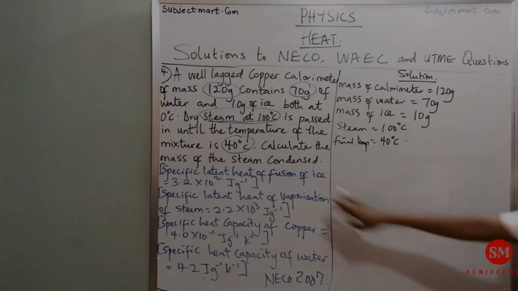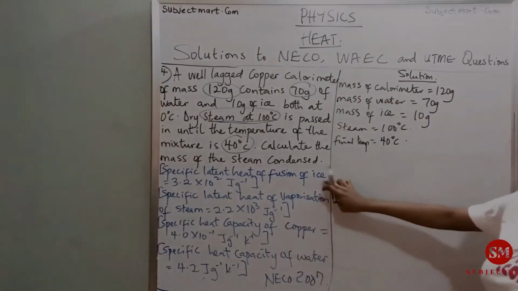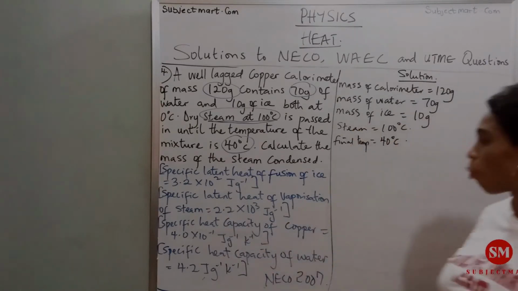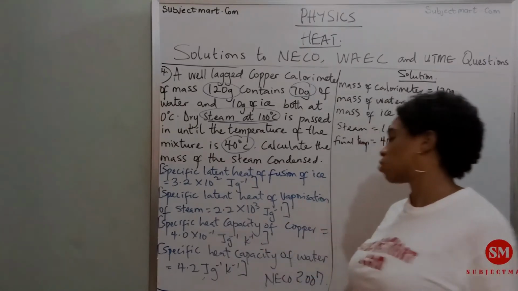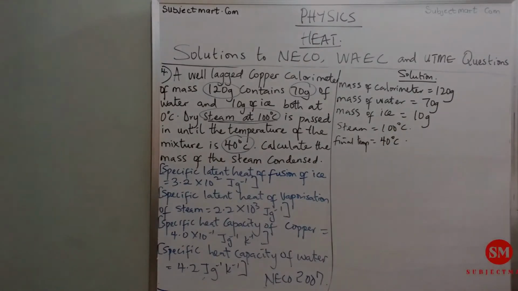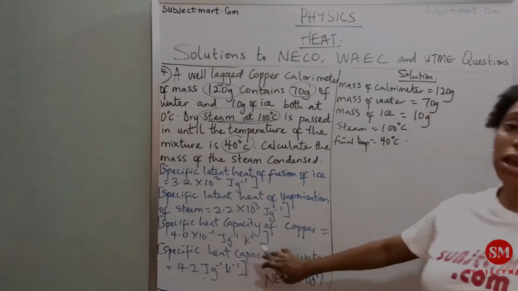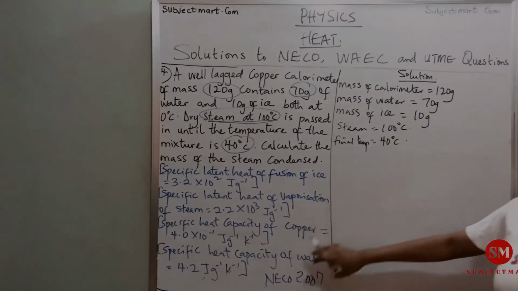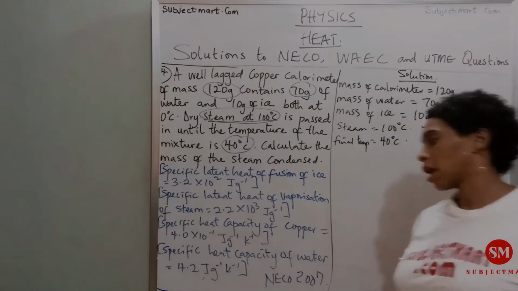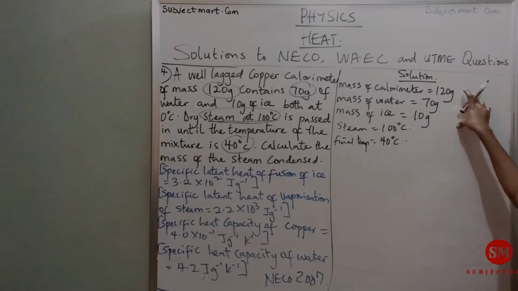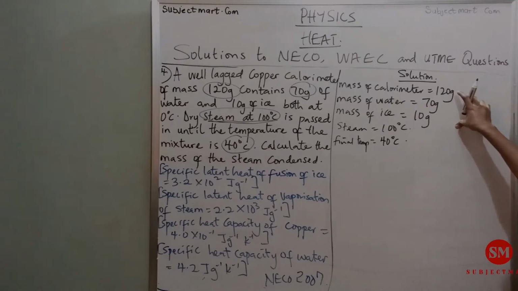So we are given the specific latent heat of fusion of ice, that of vaporization of steam, the heat capacity of copper, and the specific heat capacity of water. Now, if you observe, the units of our specific heat capacities are given in joules per gram per Kelvin. So because of that, our mass will be left in grams. We don't have to change to kilograms, so we'll be working in grams.